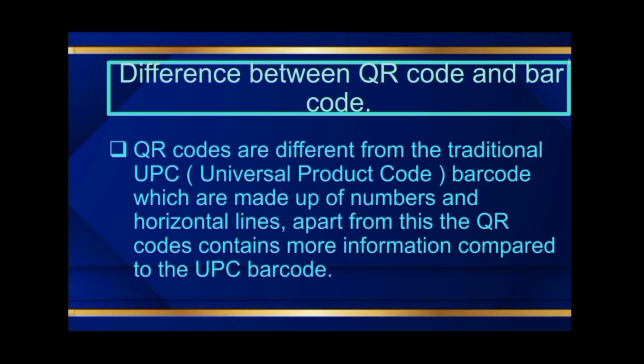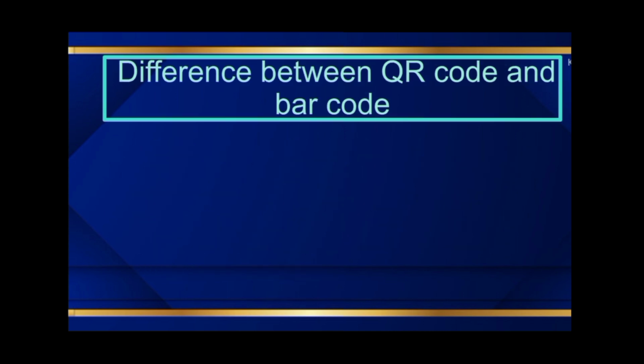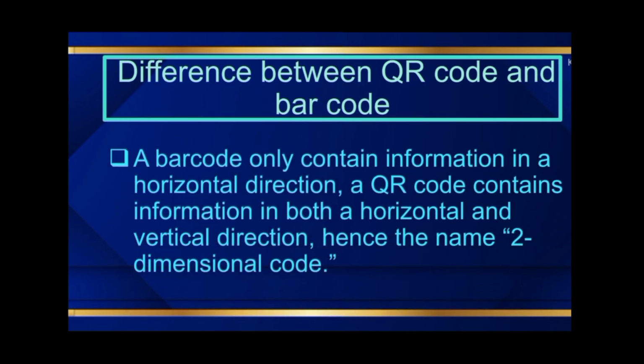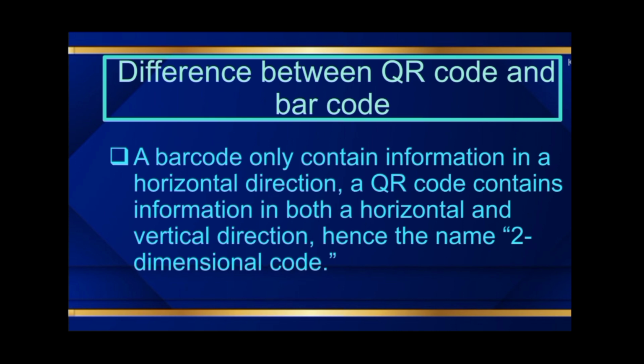QR codes are different from the traditional UPC, Universal Product Code, barcode, which are made up of numbers and horizontal lines. Apart from this, the QR code contains more information compared to the UPC barcode. A barcode only contains information in a horizontal direction.